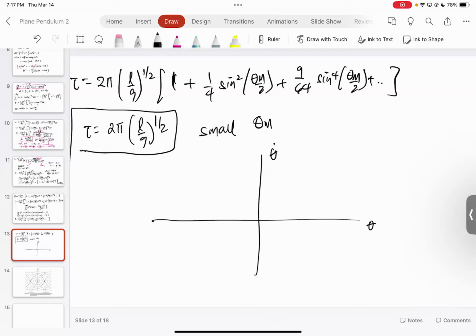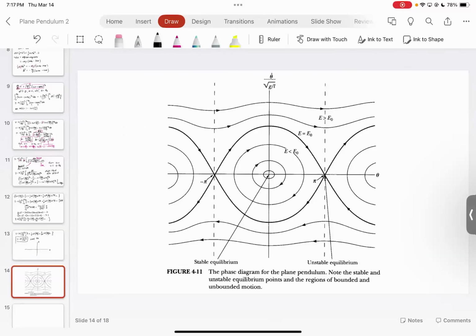Okay? And this is what the phase plot of the simple pendulum looks like. Ang saya, di ba? Well, yung dark portions diyan, yung darker lines, yan yung limit cycle nila. Okay? So yan yung typical behavior.